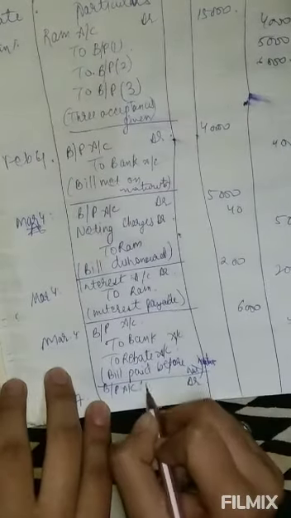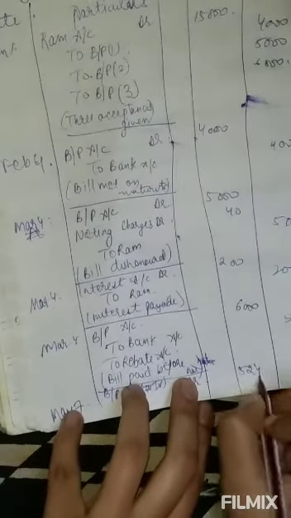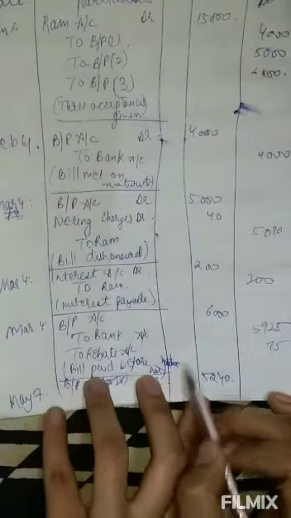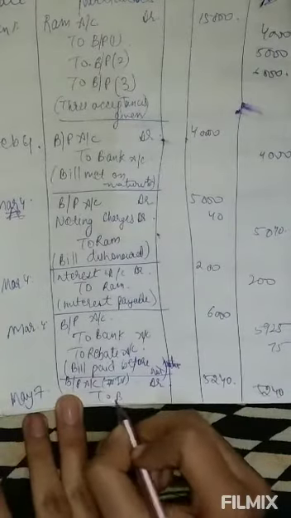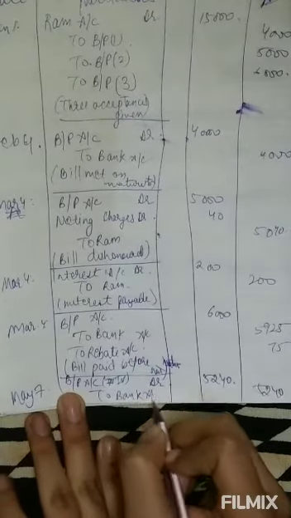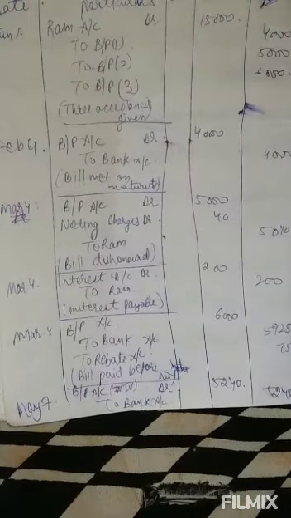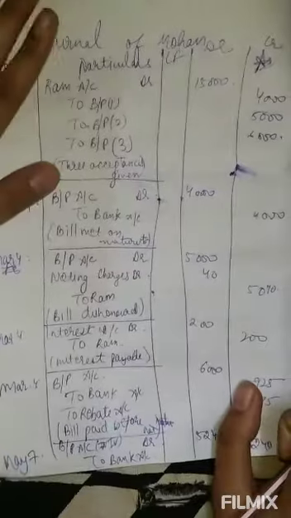We are talking about the fourth BP, which was of 5,240, including the noting charges as well as the interest. This has been paid to bank account, and in the narration you will write that bill met on maturity. So this was the journal of Mohan.